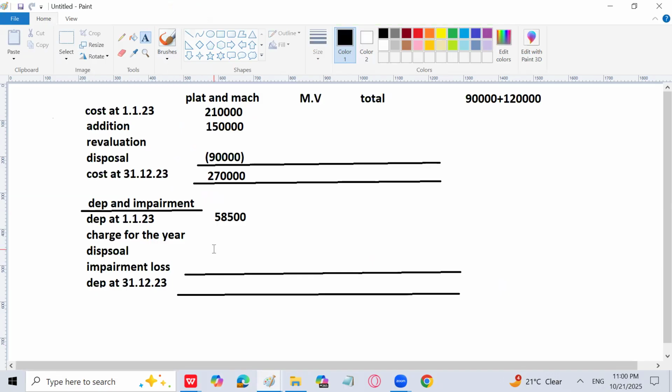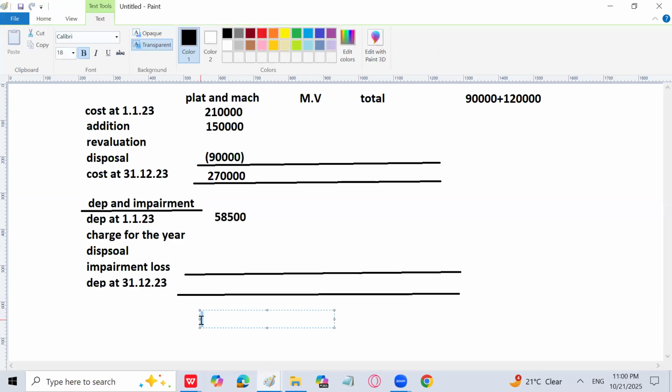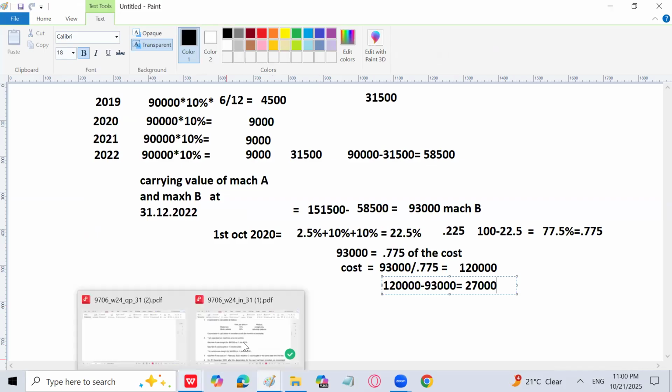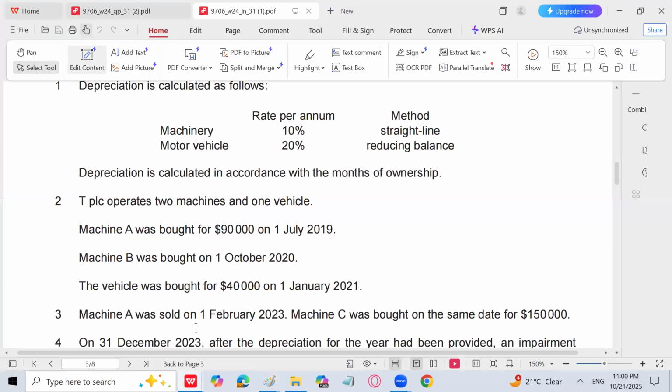Disposal. The asset which has been sold, we need to dispose of that asset and we need to calculate the total depreciation on the asset sold from the date of purchase to the date of sale, and we need to subtract it. We already knew that the asset of 90,000 has been used from June, July 2019 till 31st December 2022, and the depreciation is 31,500. But that asset is sold on 1st February, not at the start of 2023. So 1 month has also been used.